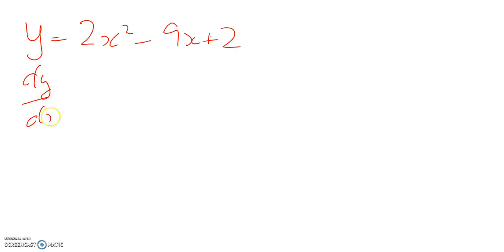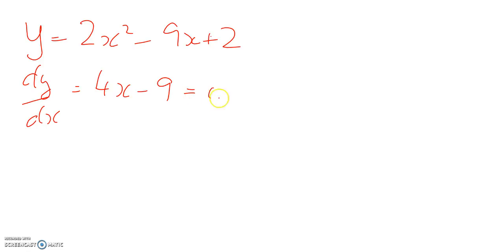So let's do a couple of examples. Here's a fairly garden variety quadratic. So dy by dx is just going to equal 4x take 9. That's using our differentiation rule. We could use first principles on that, but it'd be pretty tedious, so we'll just use our law.